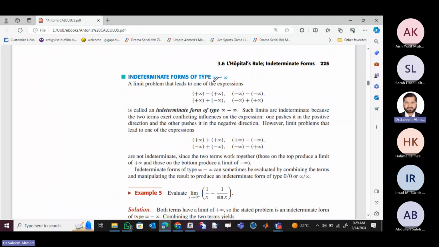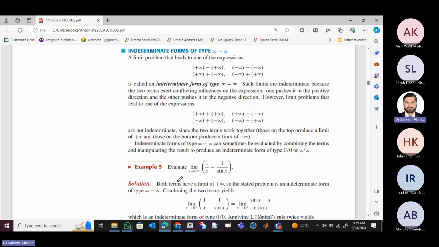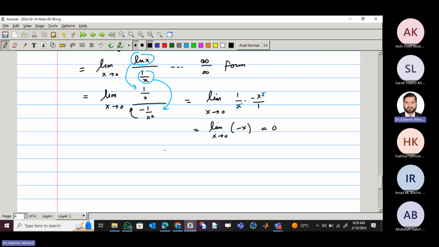Another form is infinity minus infinity. Why is this another form? Because infinity plus infinity is not a problem. If you add infinity to infinity, it is definitely infinity, no issues. This is not an indeterminate form. But when we subtract, now these two infinities can be different from each other. Infinity is a very large number, but they may be same, they may be different.